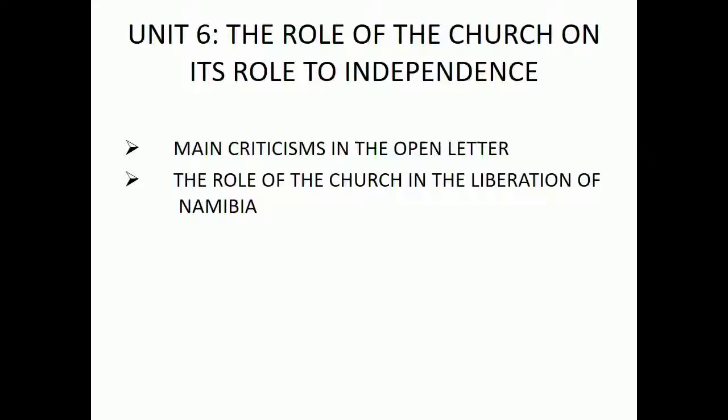The next point under Unit 6 is the role of the church in the liberation of Namibia. Very important, the churches played a very important role in the liberation of Namibia.